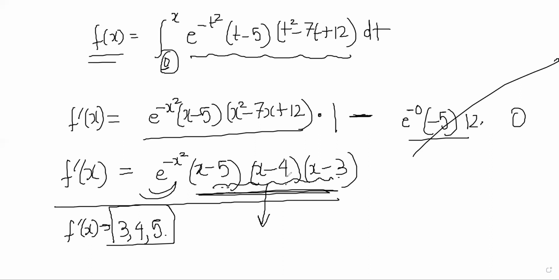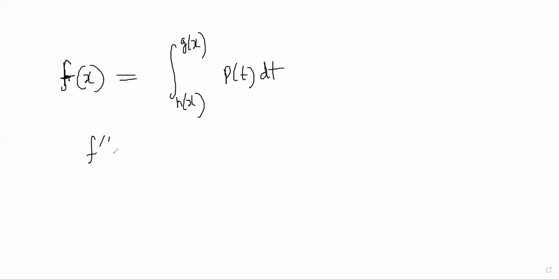Right. So this integration sign is there, and then there is a function of x coming out, and you have to differentiate it. That rule you should be familiar with. That is very important. It has come in Advanced many times. Basically, if there is a g of x, h of x as limits, and there is a p of t dt, and let's say this is your f of x, you have to find f dash x.